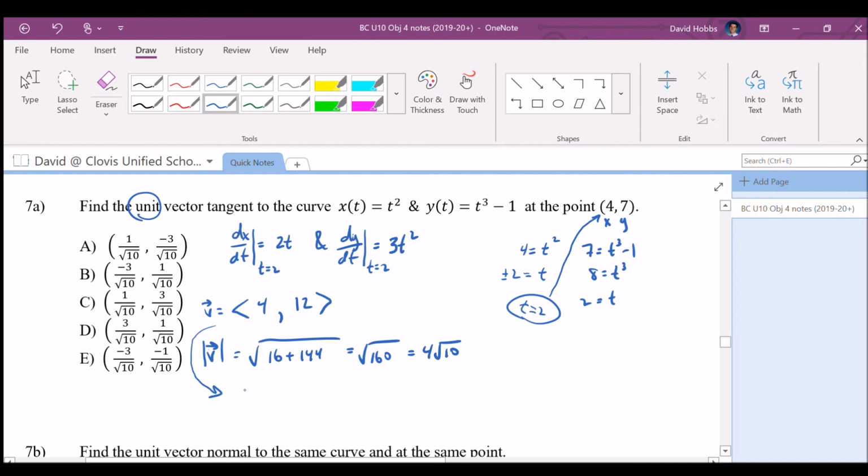Using this, we've got 4 over 4 root 10, comma, 12 over 4 root 10, which reduces to 1 over root 10, comma, 3 over root 10.